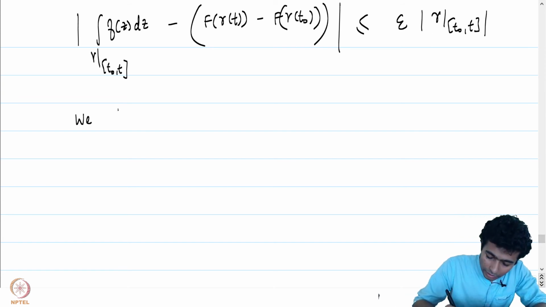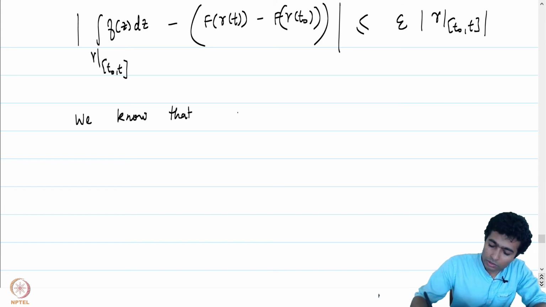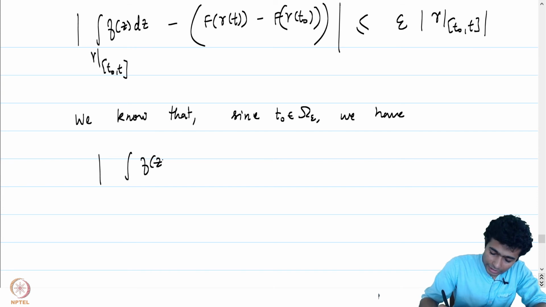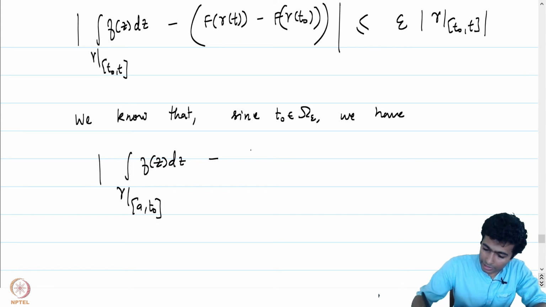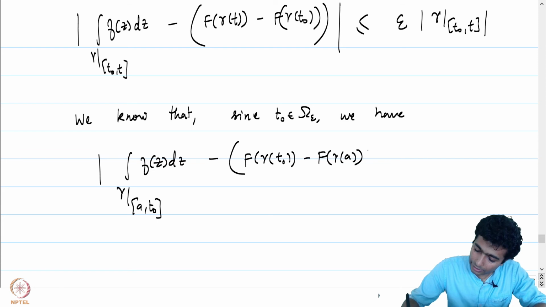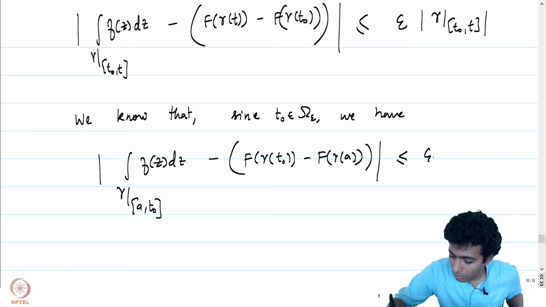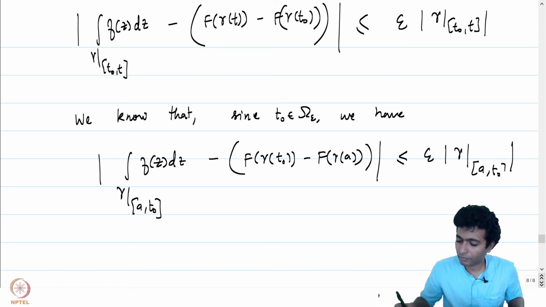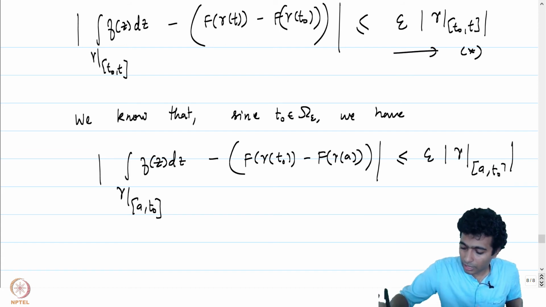So we know that since T naught belongs to omega epsilon, we have the integral of f of z dz over gamma restricted to a comma T naught minus f of gamma of T naught minus f of gamma of a is less than or equal to epsilon times the arc length of gamma restricted to a comma T naught. And let's call this star.